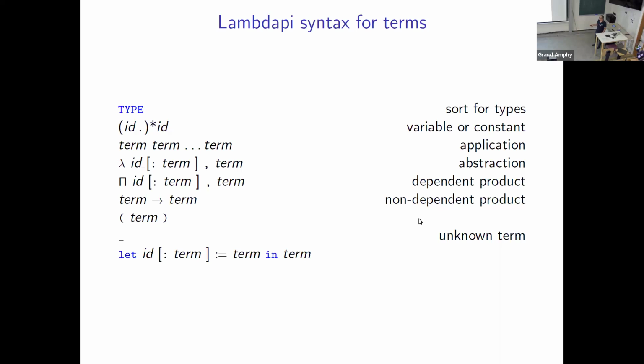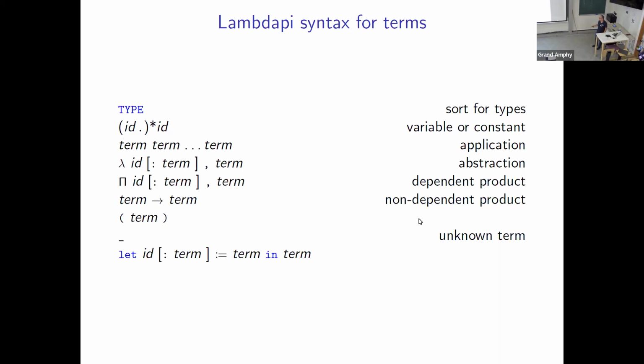For identifiers, as mentioned just before, you can prefix by some module name. Then you have term application, the abstraction, and the type of an abstraction is optional. It means that, and this is one difference with Dedukti, if you do not give a type to the system, we try to infer it.